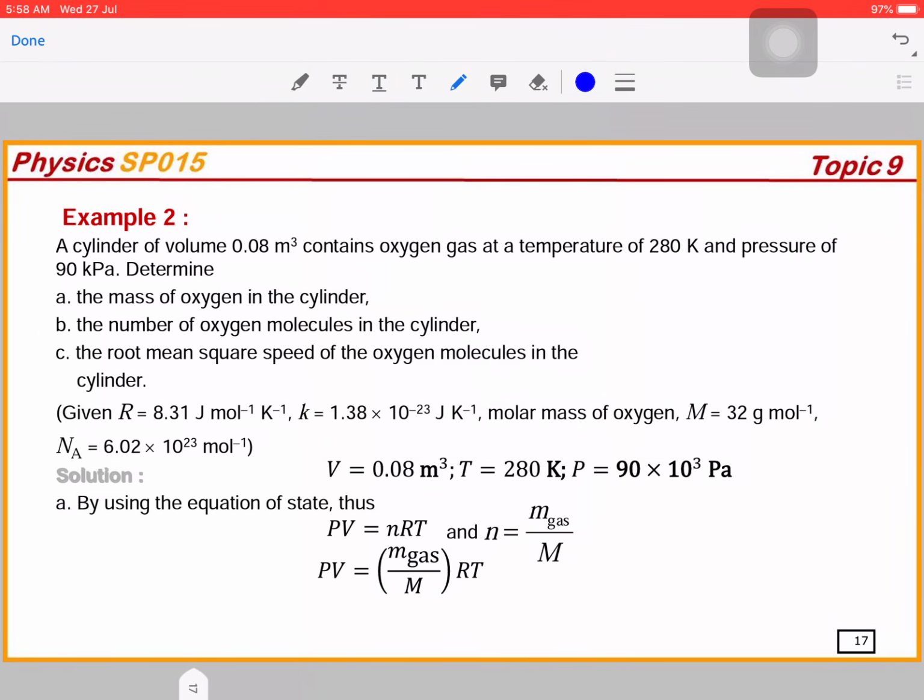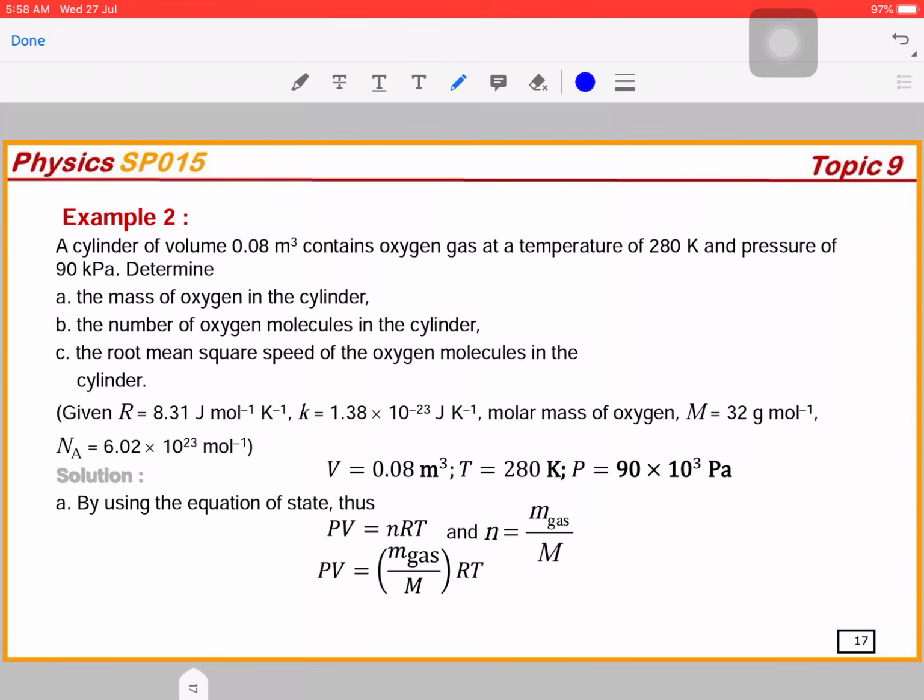Next, example number 2. A cylinder of volume 0.08 meter cubed contains oxygen gas at a temperature of 280 Kelvin and pressure of 90 kilopascal. Determine the mass of oxygen in the cylinder, the number of oxygen molecules in the cylinder, and the root mean square speed of the oxygen molecules in the cylinder.